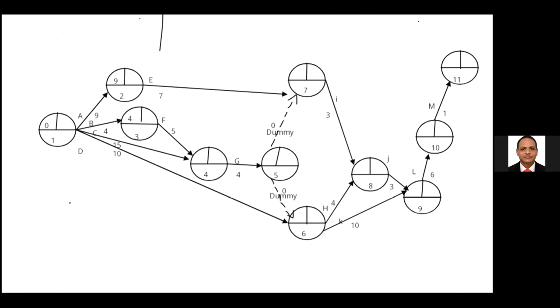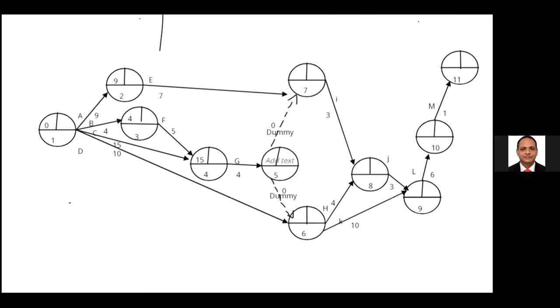And fourth event, there are two paths. 4 plus 5 is 9, and 0 plus 15 is 15. 15 is the highest value, via C. Then 15 plus 4 for the fifth event, 19.